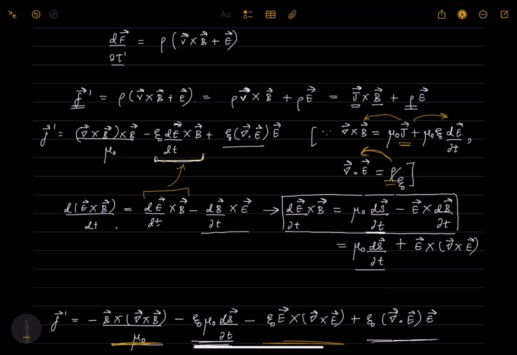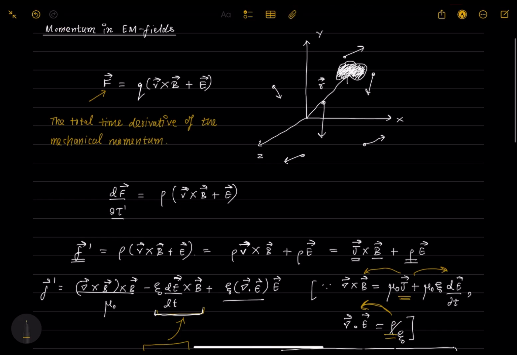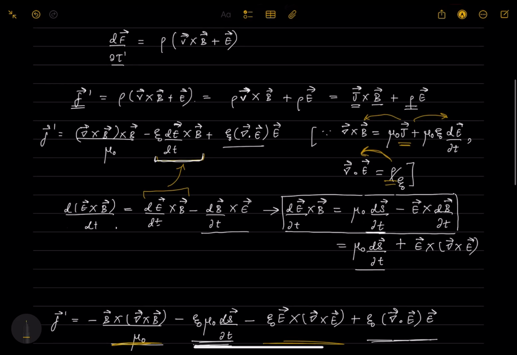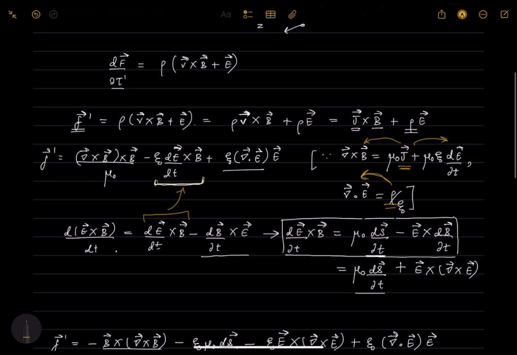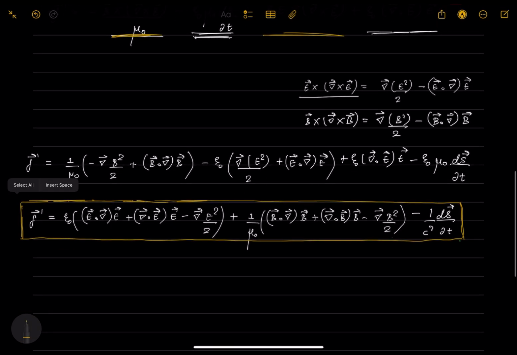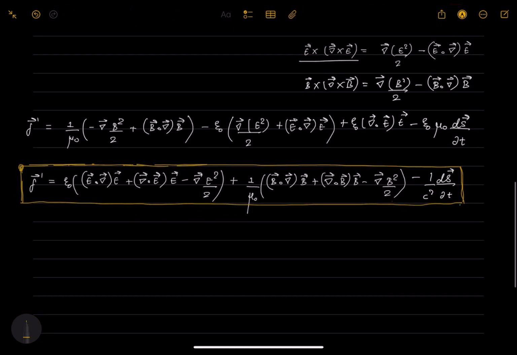That means that the total mechanical force felt by the particles per unit volume, that is the local force density, can be written completely in terms of the E and B fields there.